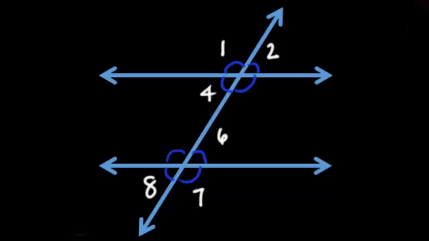Let's say that I know this angle right here has a measure of 150 degrees. What I want you to do for me is find the measure of angle 6. Pause the video real quick and see if you can figure that out.